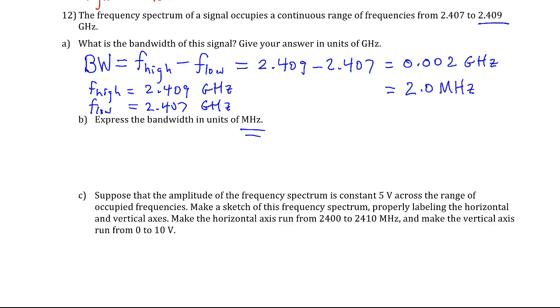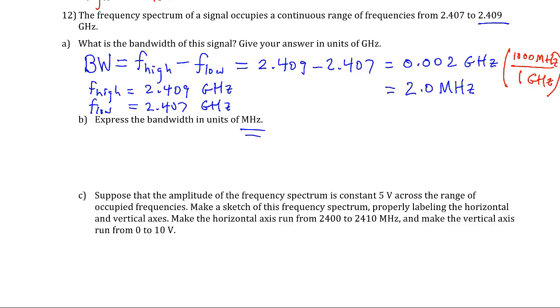Alternatively, I could multiply this number by a conversion factor, which is 1,000 megahertz per 1 gigahertz. I do recommend using these conversion factors carefully like this, because it really helps avoid mistakes.